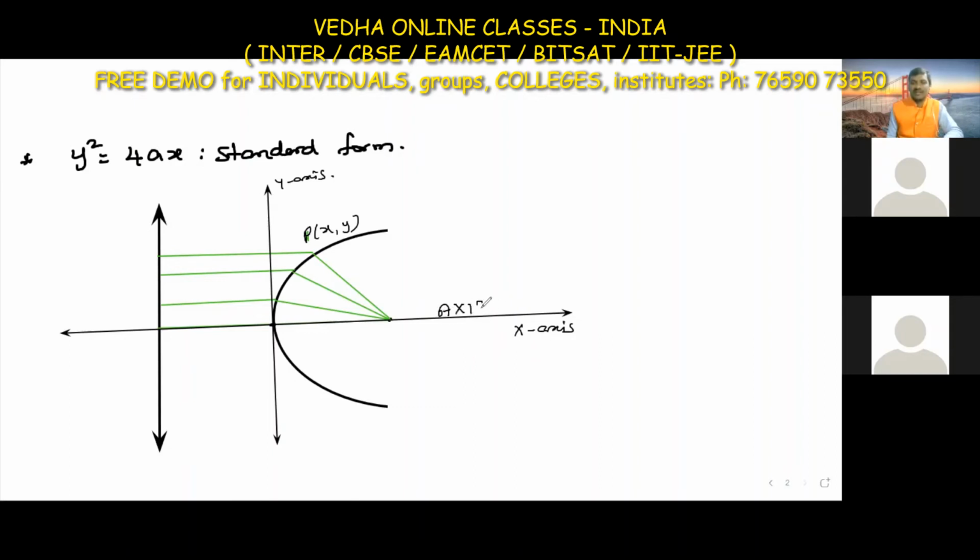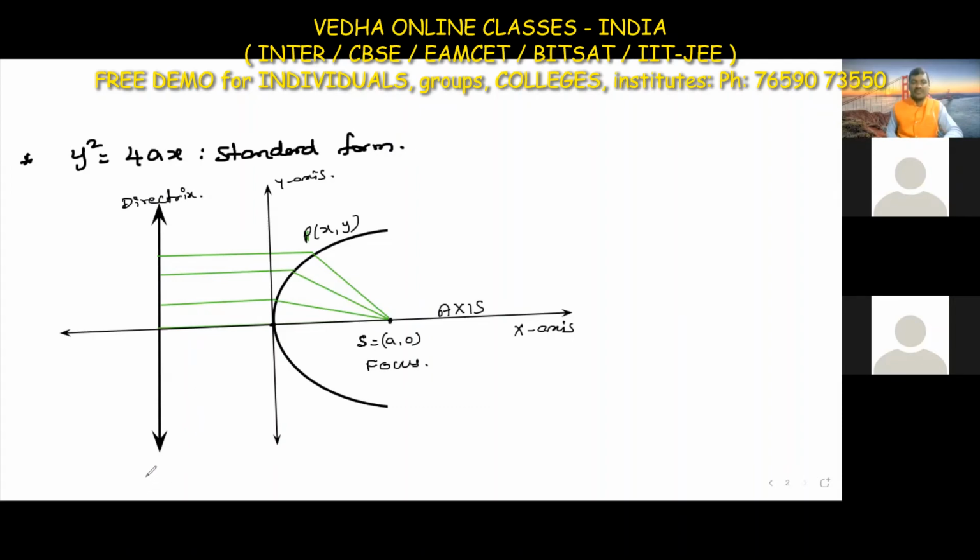The fixed point is called the focus. We represent the point S as a comma 0, which is the focus of the parabola, and this is the directrix.